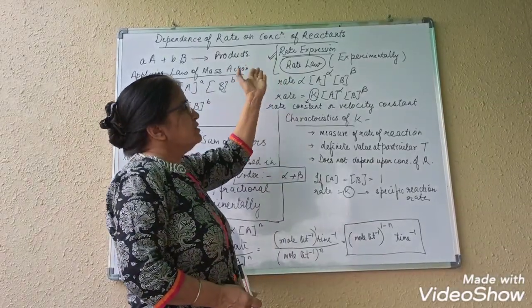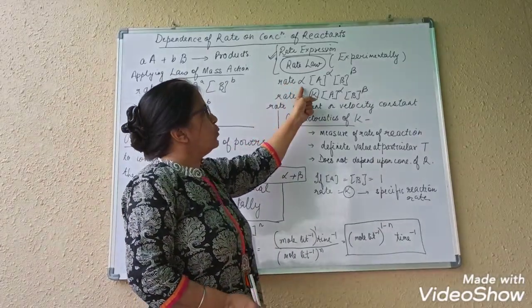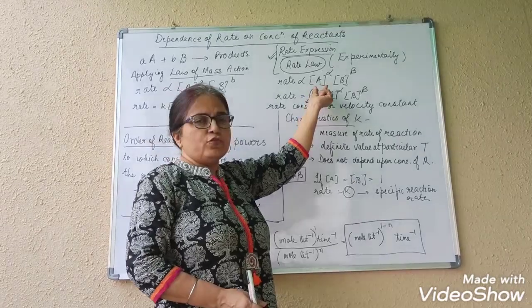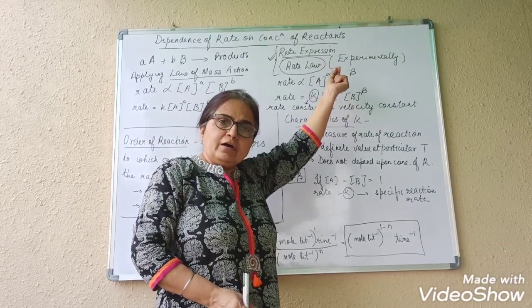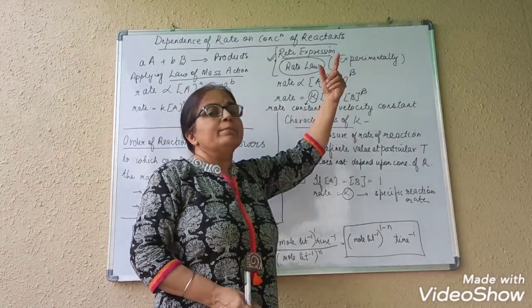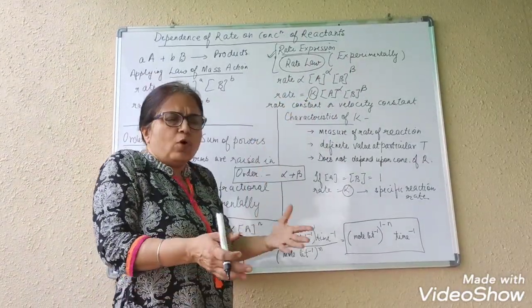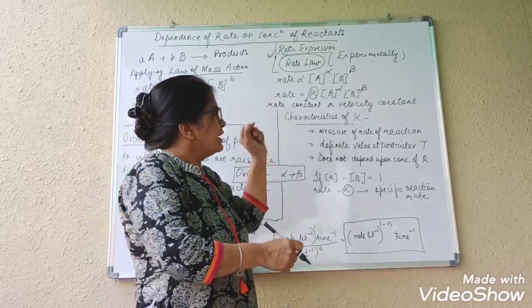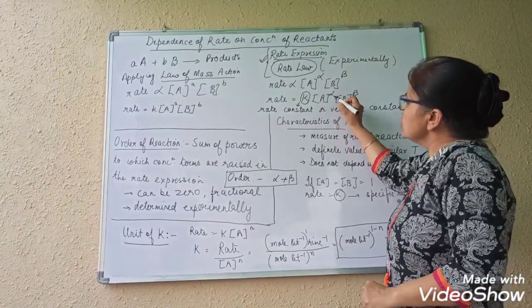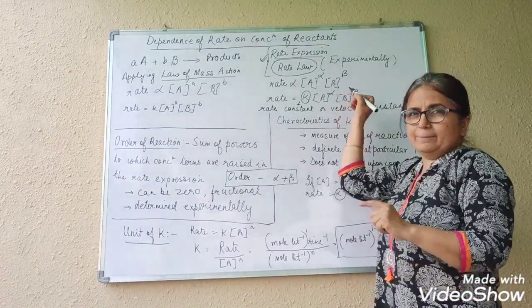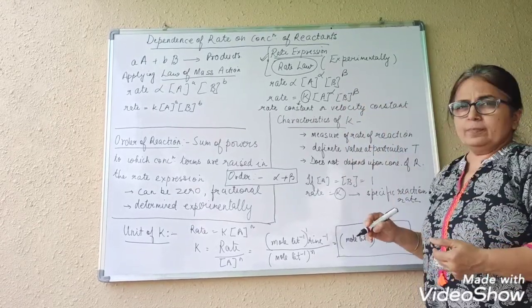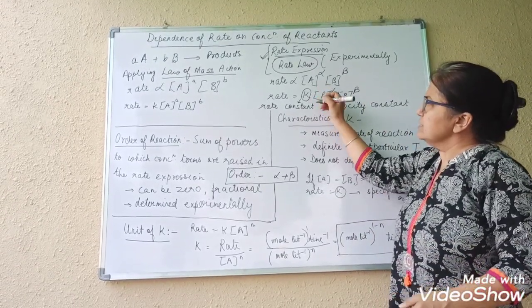Suppose the powers are found to be such that rate is proportional to concentration of A to the power alpha, B to the power beta. Then we can write rate is equal to K, some constant, the rate constant, times [A]^alpha [B]^beta. Now what is this K?